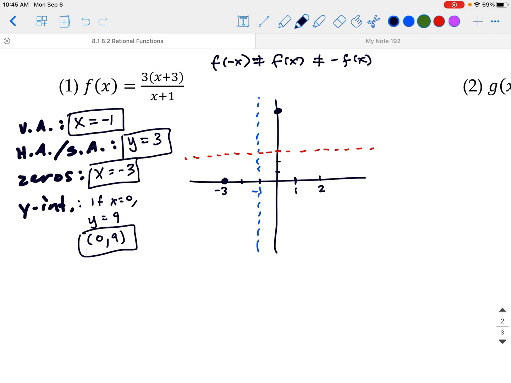So let's go ahead and choose a different color, maybe make a slightly thicker line here. Our graph is going to follow the horizontal asymptote, and then it cannot cross the vertical asymptote. Same will be true on the left. We'll approach our vertical asymptote but never touch, and then follow our horizontal asymptote. And so that'll be our graph.